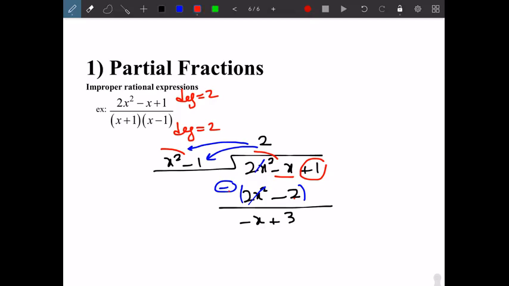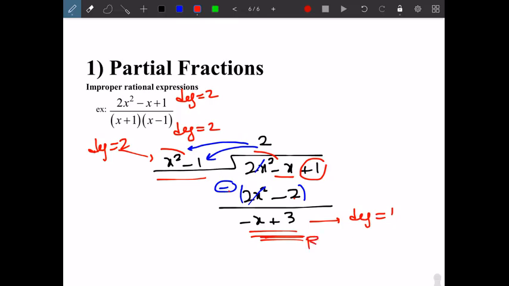Now we notice that the degree here is 1, and the divisor has a degree of 2. So consequently, we can no longer divide. We can keep the long division going as long as the factor we have here has a degree equal or greater than the degree of our divisor. When the degree becomes smaller, that is our remainder.